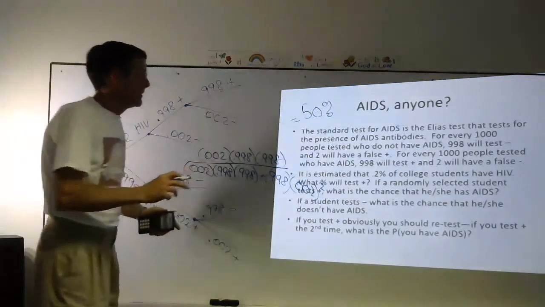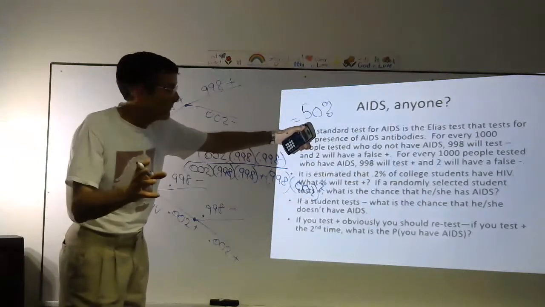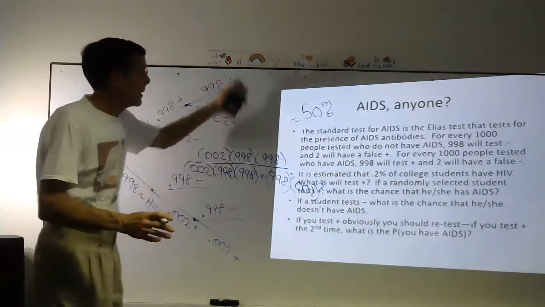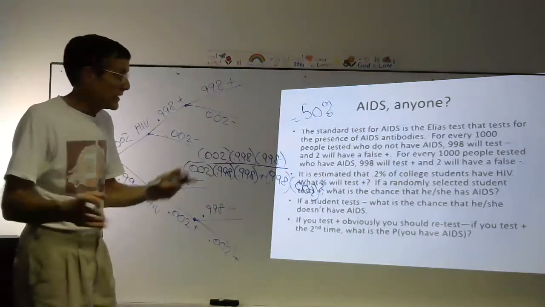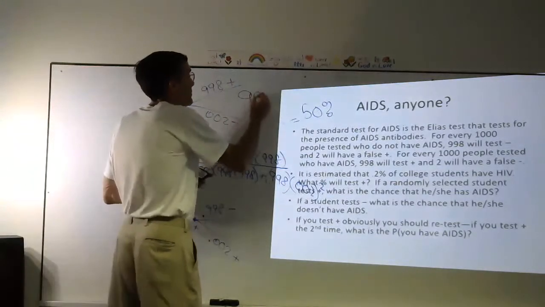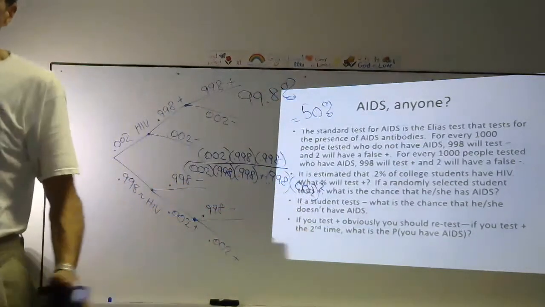If you test positive on the first test, it's only 50-50. If you test positive the second time, what's the probability you actually have AIDS? You're in trouble. You got it.